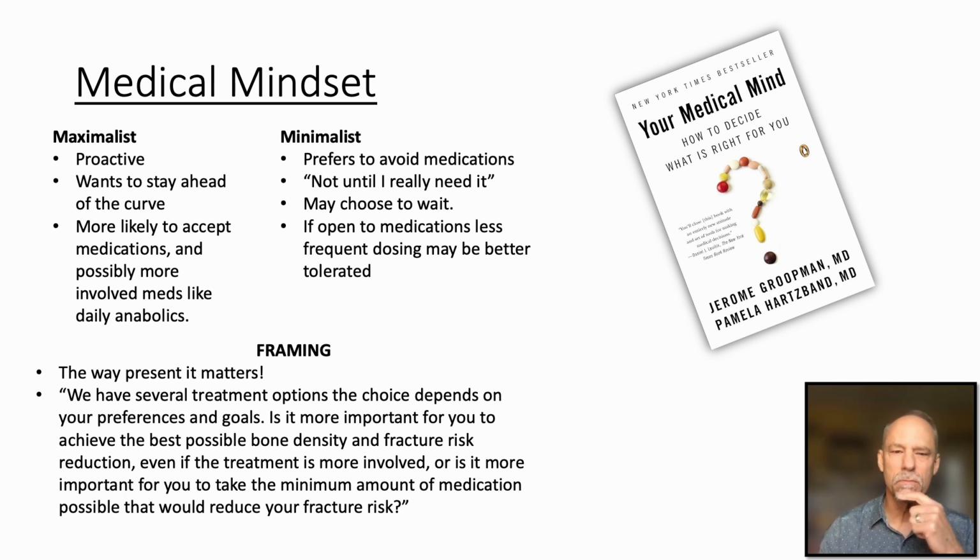When I learned about this book by Dr. Groopman and Hartzband, it really helped me understand that I need to listen to the patient and understand where they're coming from, but also understand they're not always going to take my suggestion to use medications if I thought those were necessary. So I need to have other options, and I need to work with them and give them the best information I can to really help them understand the risks and the benefits and let them make their decision.